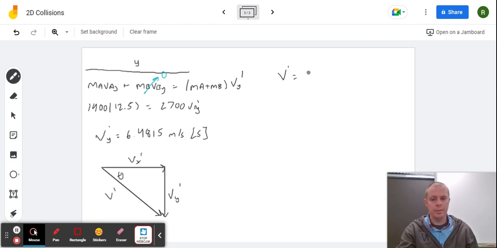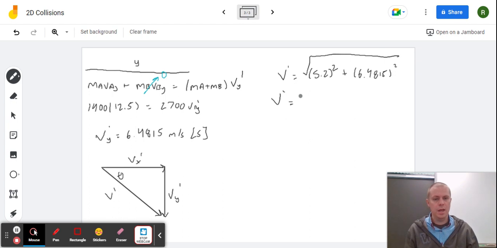Okay, so V prime is going to be the square root of 5.2 squared plus 6.4815 squared. And that's going to give us approximately 8.3 meters per second.